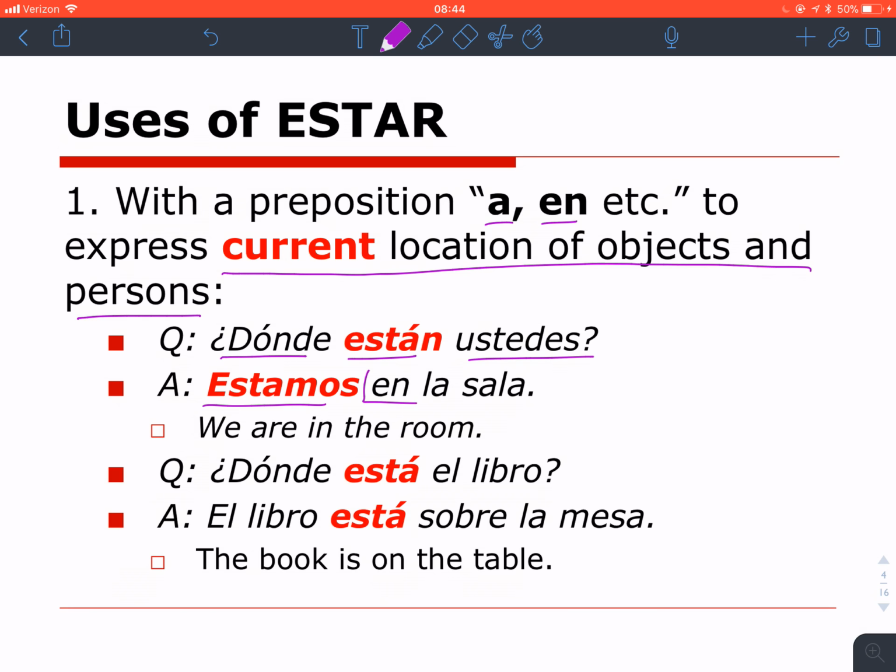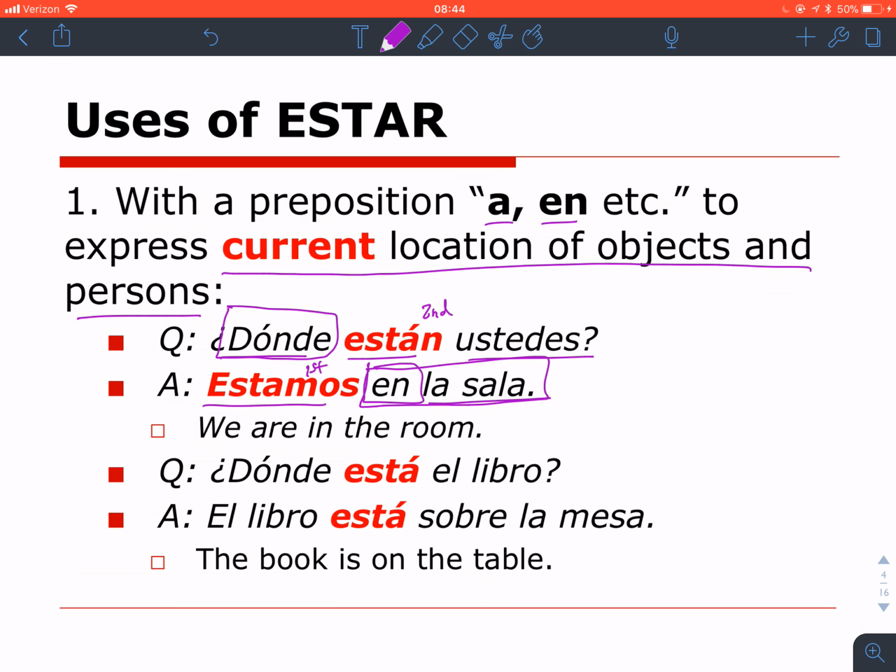Estamos en la sala. The question word ¿dónde is answered by en la sala. And we see that the verb in the question, estar, is in the second person, followed by the verb in the first person in the answer.